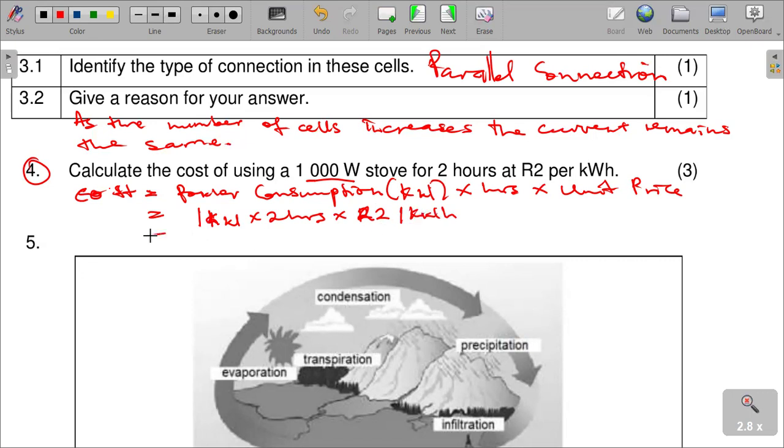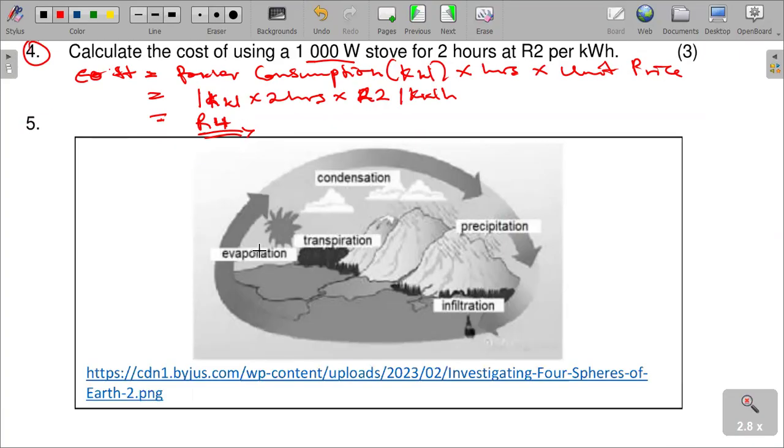When we calculate that, the cost gives us 4 rand.